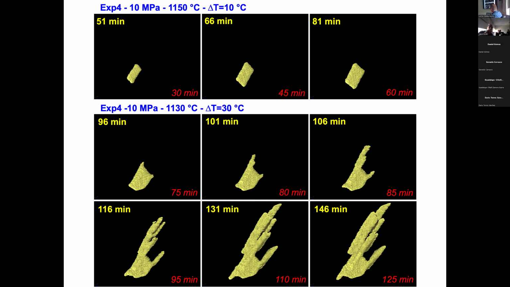So we move from a euhedral crystal growth to a dendritic skeletal crystal growth, where the growth rate is accelerated because the crystal wants to find nutrients far away from the boundary layer. We see that the spikes are all oriented in the same direction.